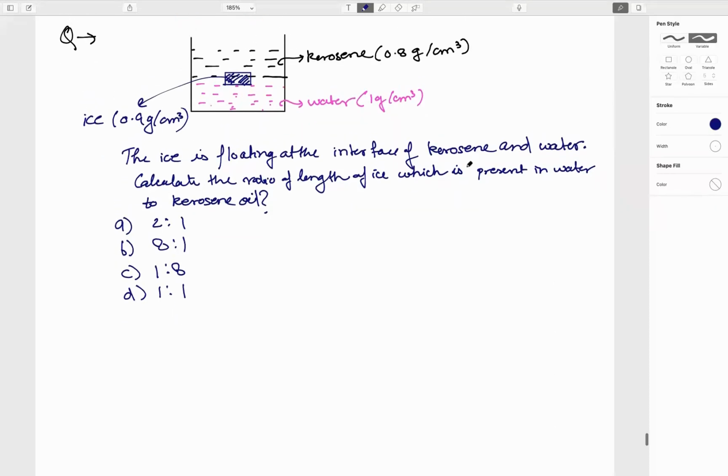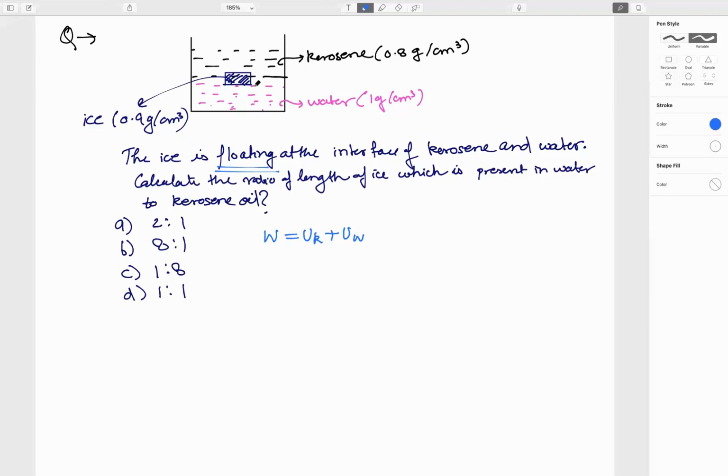So what we need to do is, it's floating again, so its weight is balanced by the upthrust. But now there are two upthrusts: upthrust by kerosene plus upthrust by water.